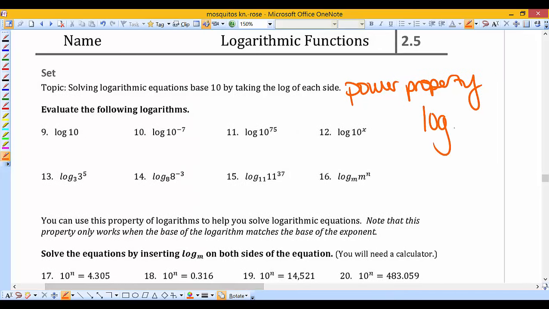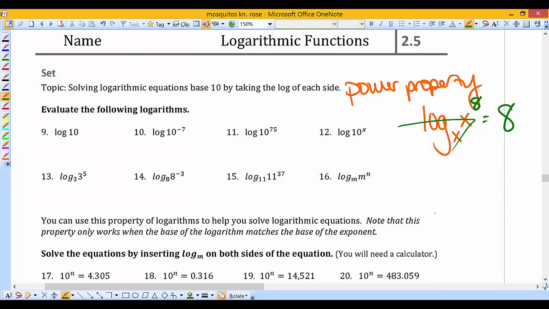If I have a log and I have something with the base and the same value, my answer will always be whatever the exponent is. So let's say my exponent is an 8. This means my answer is going to equal 8 because I can ignore the logs. They will cancel.